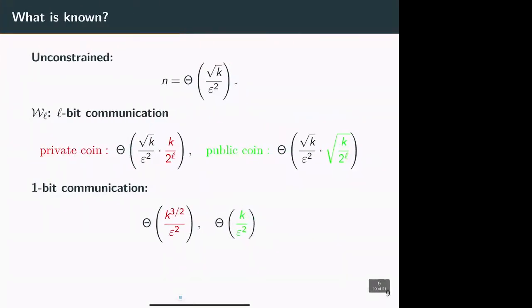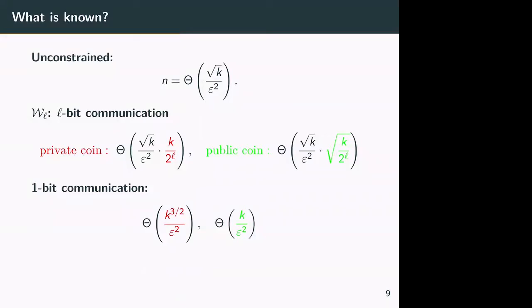Now let's see what happens. Let's instantiate this for a very simple scheme where you have 1 bit of communication per user. So each user can send only 1 bit. Then the number of users you need for private coin protocols is K to the 3 over 2 over epsilon squared. So there is a blow up of root K from the unconstrained case.